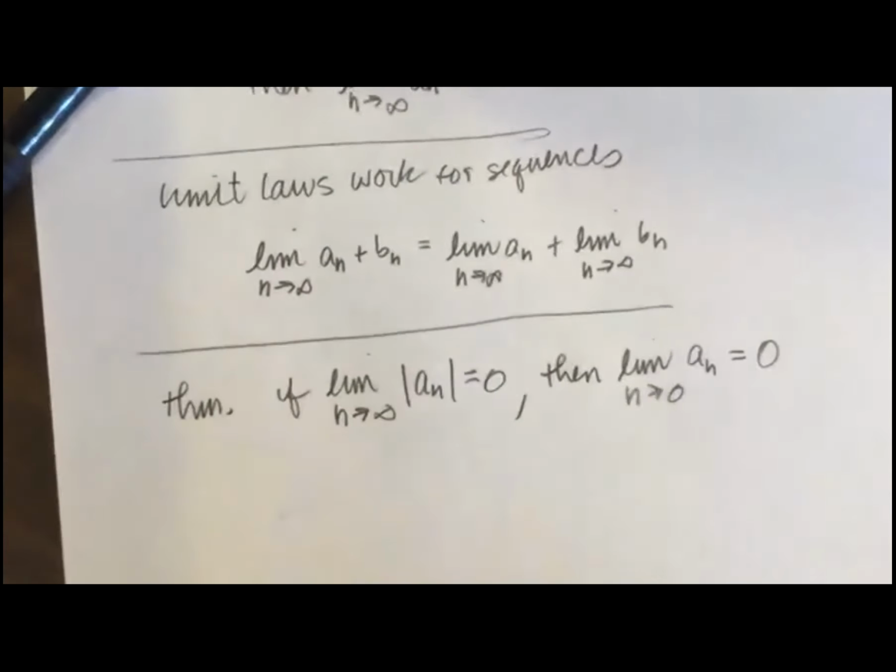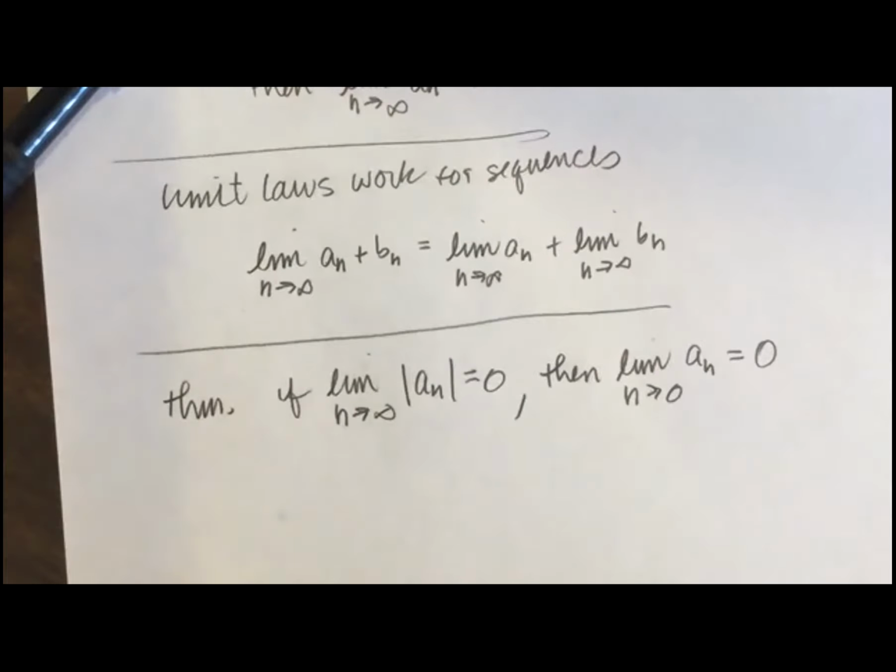Notice that this isn't quite as general. It gets you some of the sequences that alternate. If the absolute value of the alternating one is going to 0, then we can say that the sequence is going to 0. We already saw an example of that.